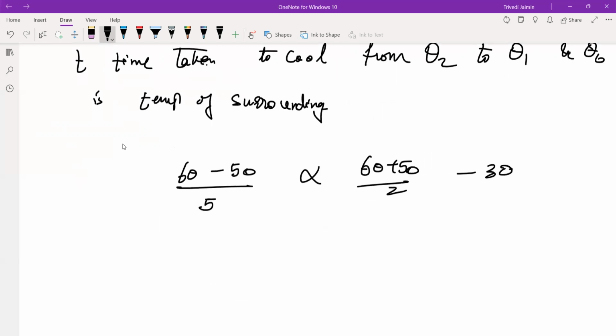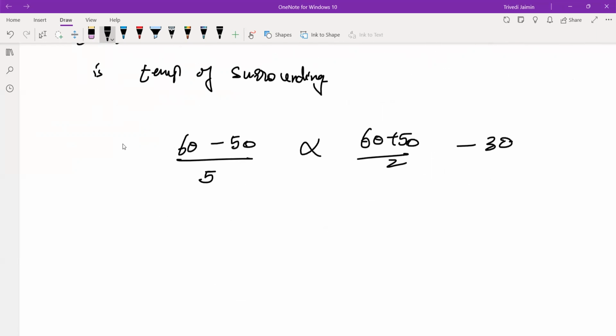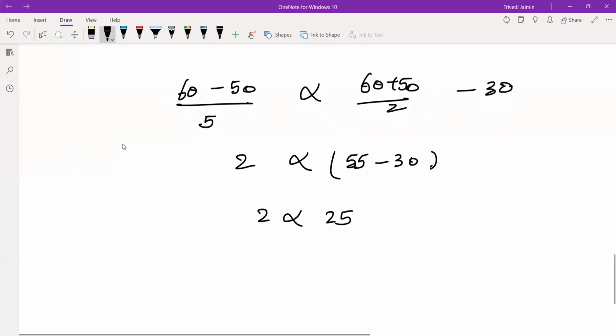So what you will get, 10 by 5, which is 2, is proportional to 110 by 2, which means 55, 55 minus 30, which is 25. Two is proportional to 25. Let's take this as condition 1.